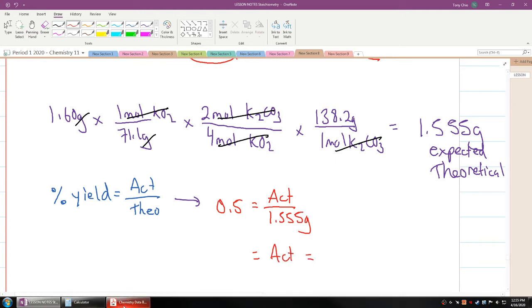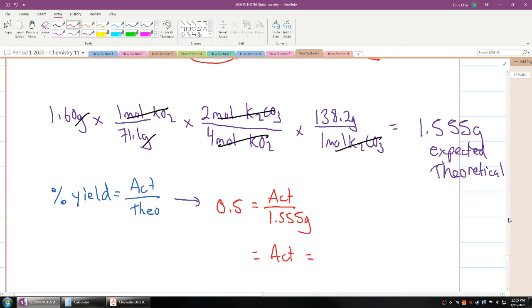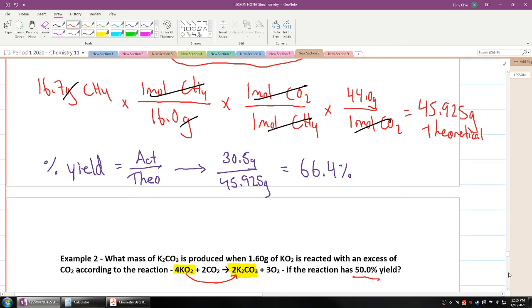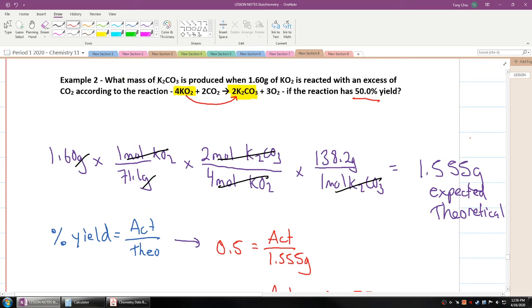And I should expect an actual yield equal to 0.777 triple sevens, 0.777 grams actually. So that means from this reaction here, I will actually only produce 0.777 grams of K2Cl3 from 1.6 grams of Kl2.